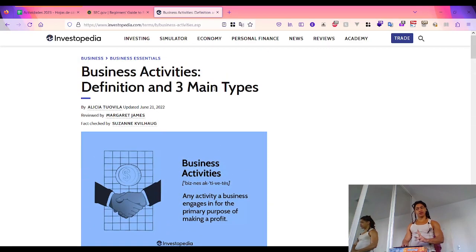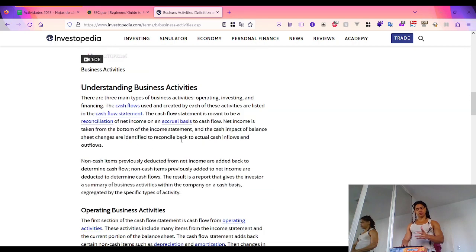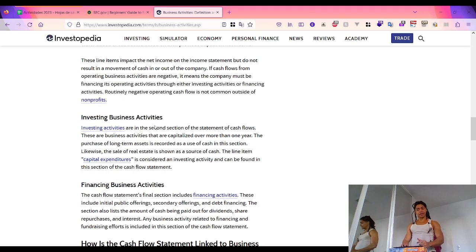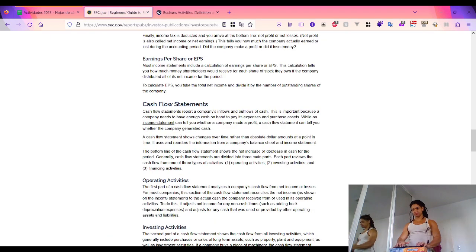The definition and the 3 main types: operating, investing, and financing activities, which is what the cash flow statement from the accounting field analyzes.